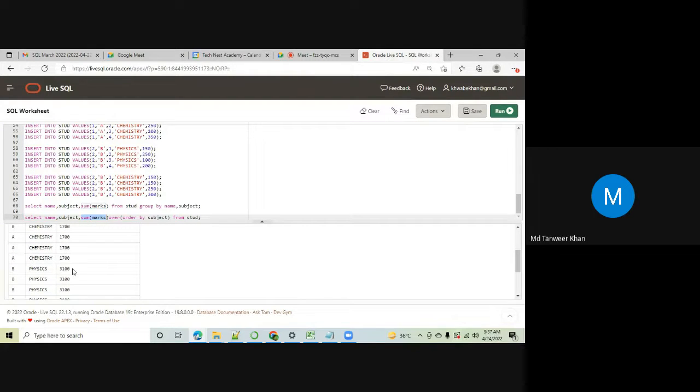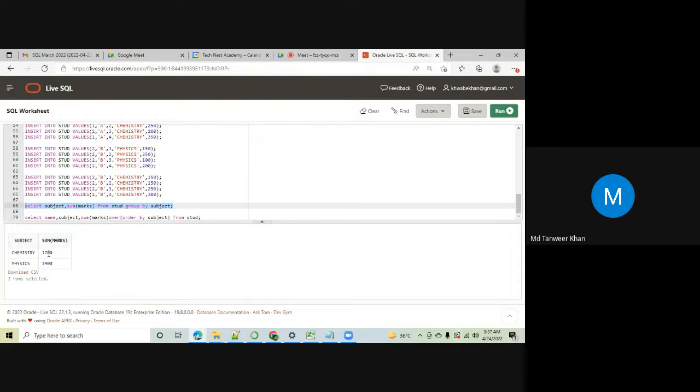And for physics it is showing 3100. So why suddenly in physics is it showing 3100? Total physics marks is 3100? But when I executed the earlier query, total marks scored in chemistry was 1700, and total marks scored in physics was 1400, right?